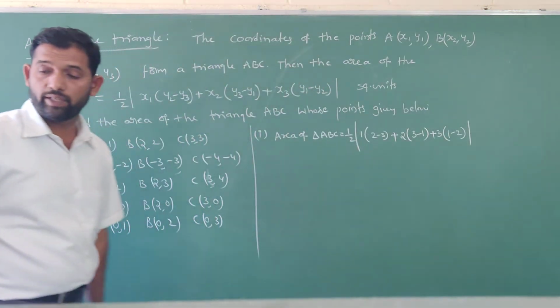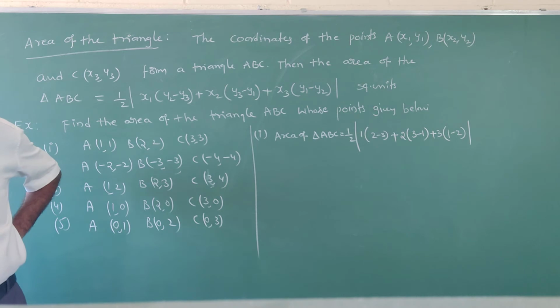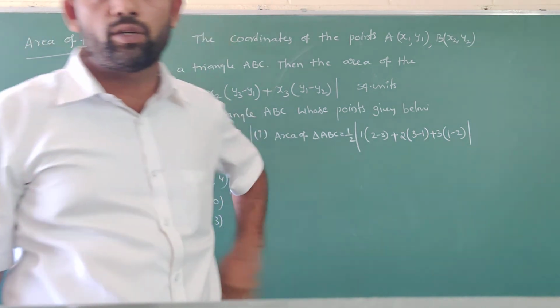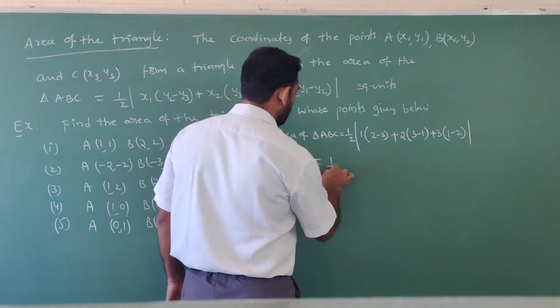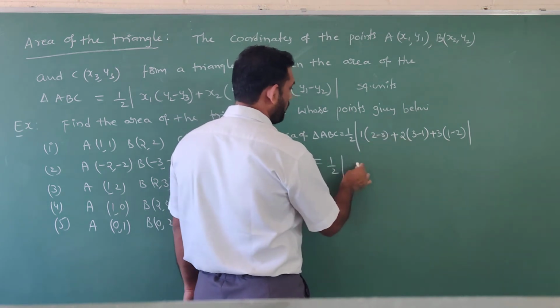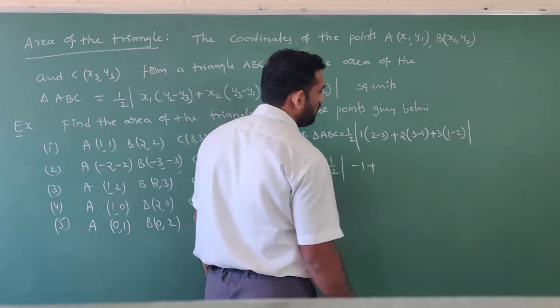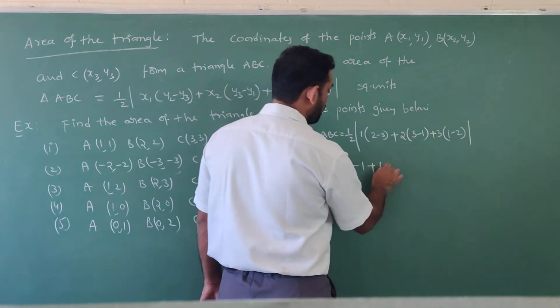So I substituted all the values: half into modulus of the expression. Area is always positive, that's why you have to take the modulus. Next, half into modulus of: 2 minus 3, so minus 1, minus 1 into 1, minus 1. Plus 3 minus 1, 2, 2 into 2, 4.